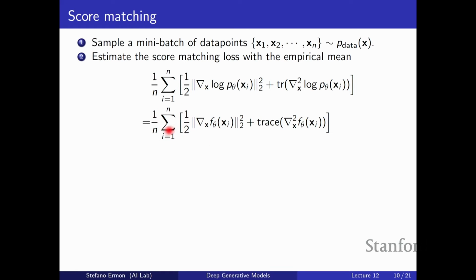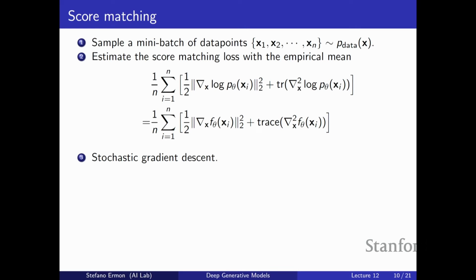And then you can estimate the score matching loss with the sample mean, which would look like this. So you go through individual data points, you evaluate the gradient of the energy at each data point, you look at the square, at the norm of that vector, and then you need to look at the trace of the Hessian of the log likelihood, which is again the Hessian of f theta in this case, which is the model.